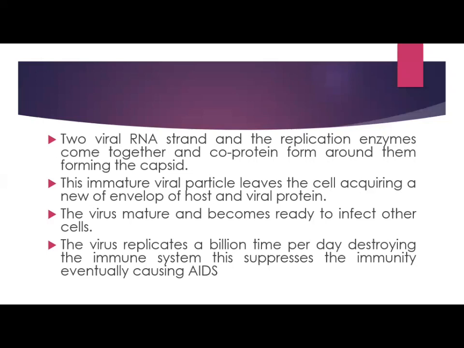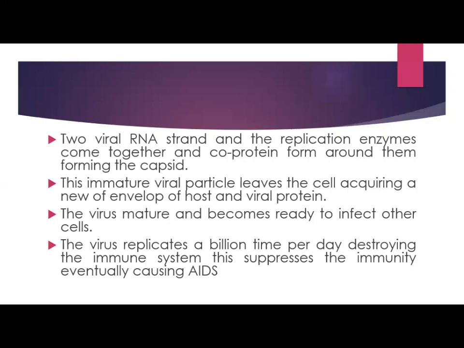So once this virus goes out from the cell that they have destroyed, it will become mature and ready to attack other cells. Once this happens, the virus will replicate 1 billion times per day, destroying the immune system. This suppresses the immunity, eventually causing AIDS.